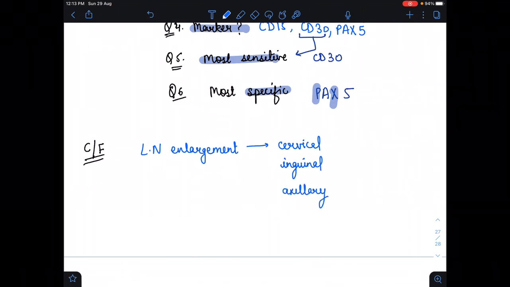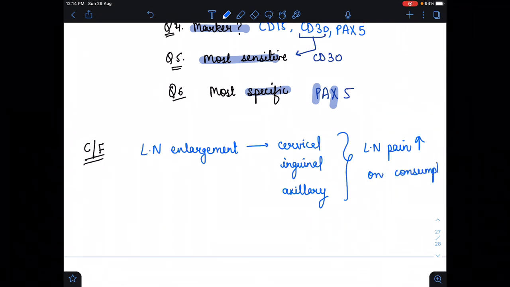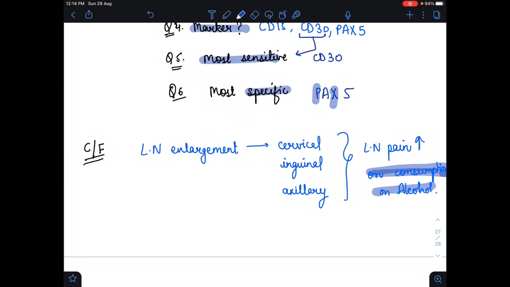On consumption of alcohol there is pain in these lymph nodes. Please remember it: if the patient drinks alcohol, then there is pain in these lymph nodes. This is a most important point.